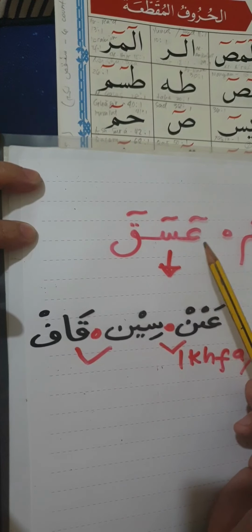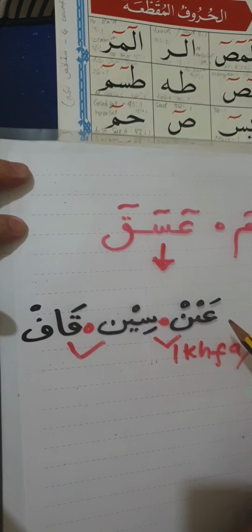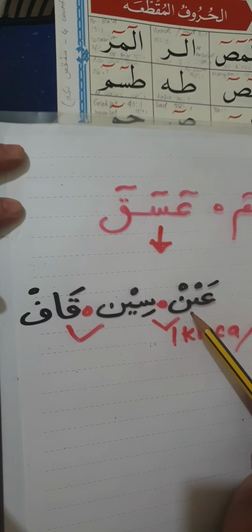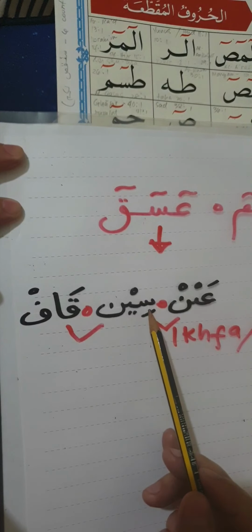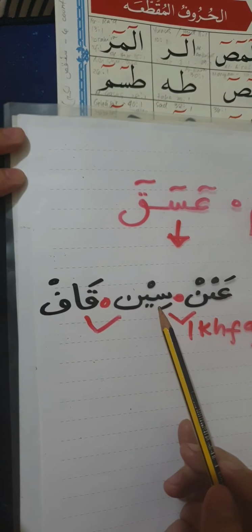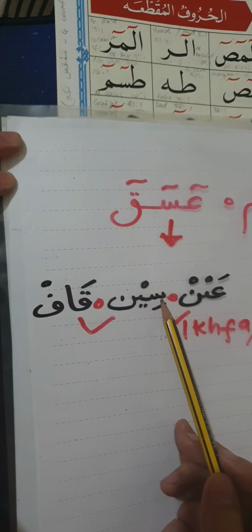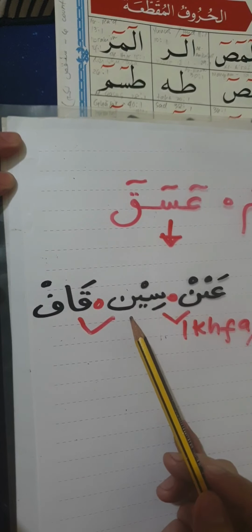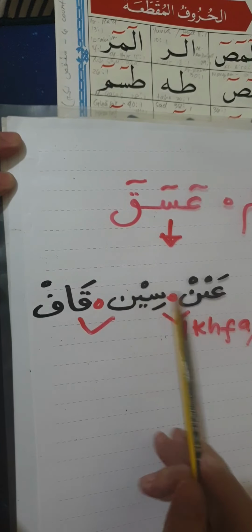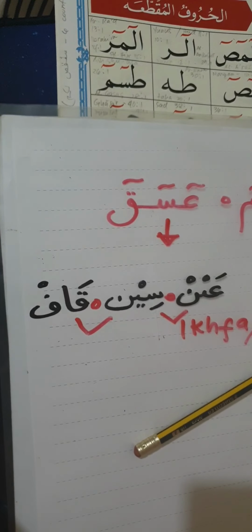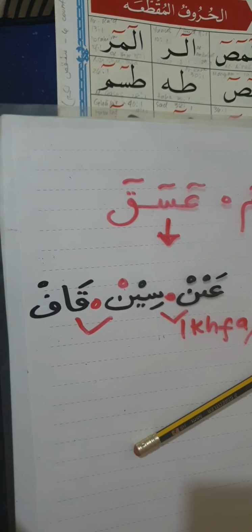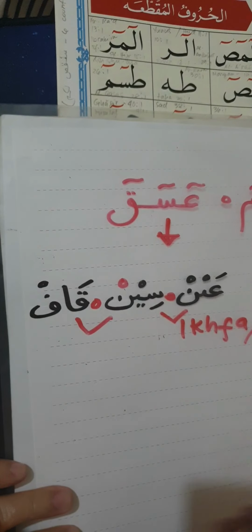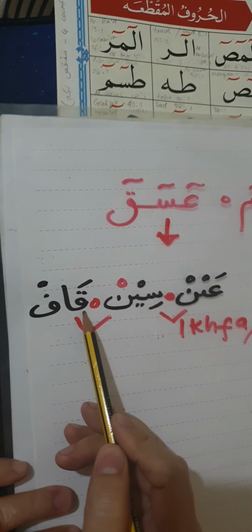So if you are going to break this down or spell this, the ayn ends with the nun sukun, and then the sin followed by the nun sukun, followed by the sin, okay, and then again the sin ends with the nun sukun, followed by the qaf.